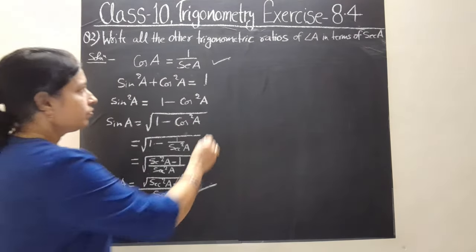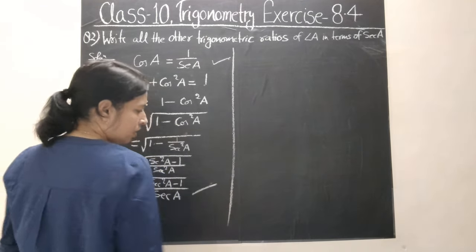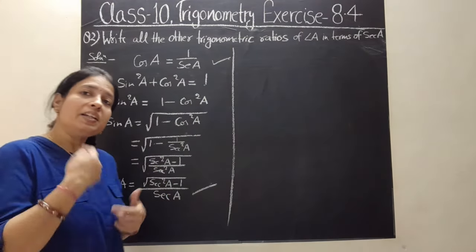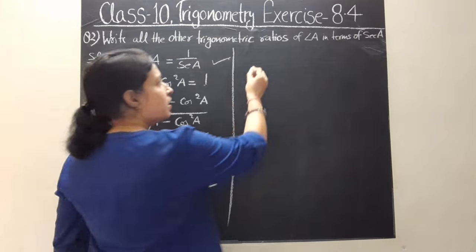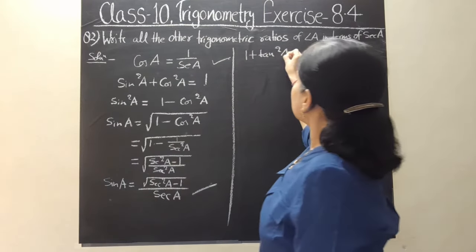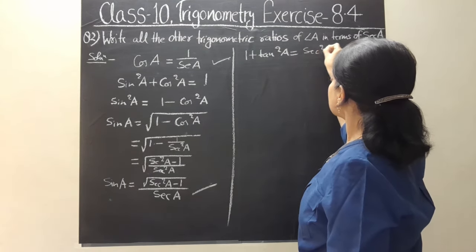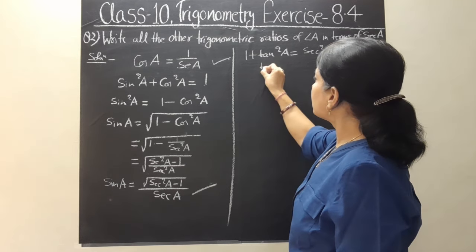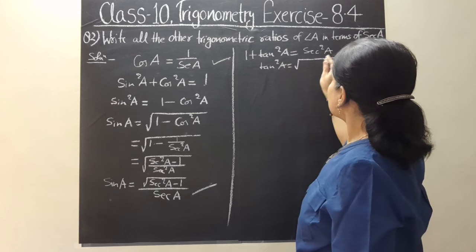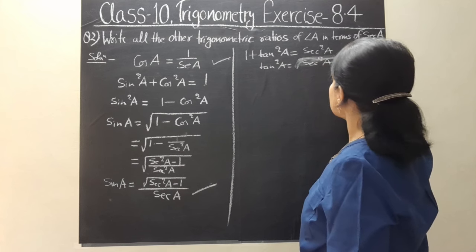Then write the third one. Third one is what? Tan A. So we have to express tan A in terms of sec A. You know that 1 plus tan square A is equal to sec square A. So we can write tan square A is equal to sec square A minus 1.